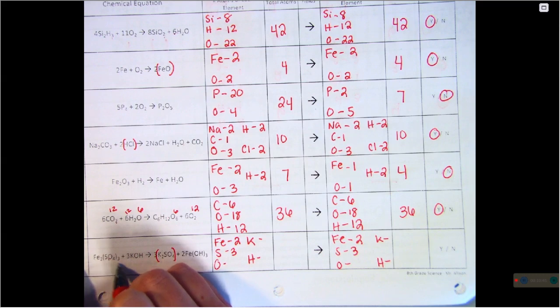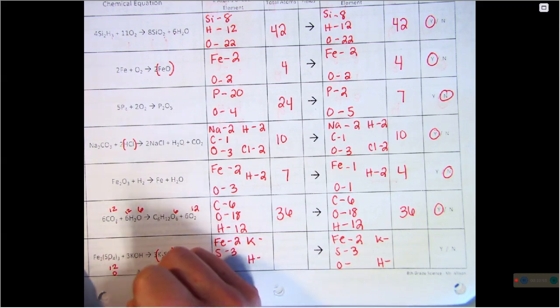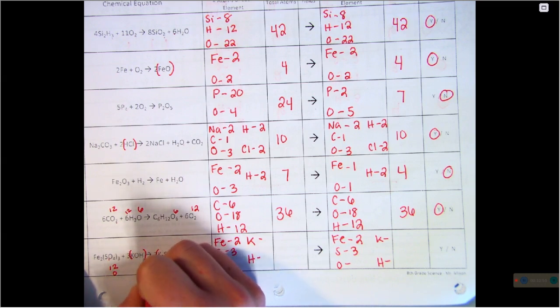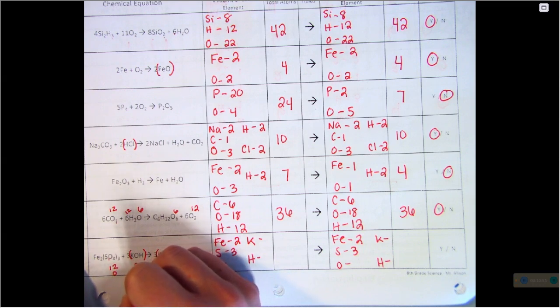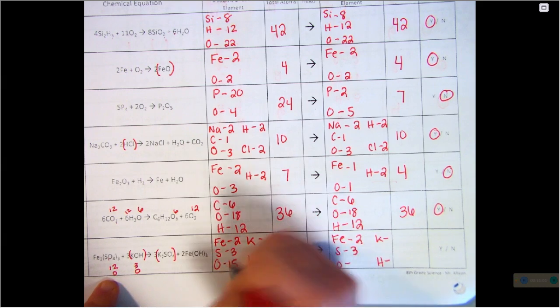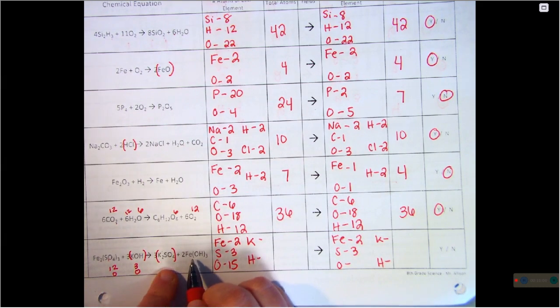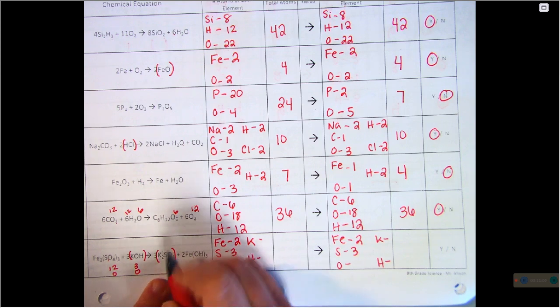Oxygen. Right here I have 4 times 3 is 12 oxygen. 12 oxygens right there, and I have 3 right here, because remember that 3 goes to everything in it. So I have 3 oxygen right here. So on this side of the equation, I have 12, 13, 14, 15 oxygen. On this side of the equation, I have 3 times 4 is 12 oxygen.